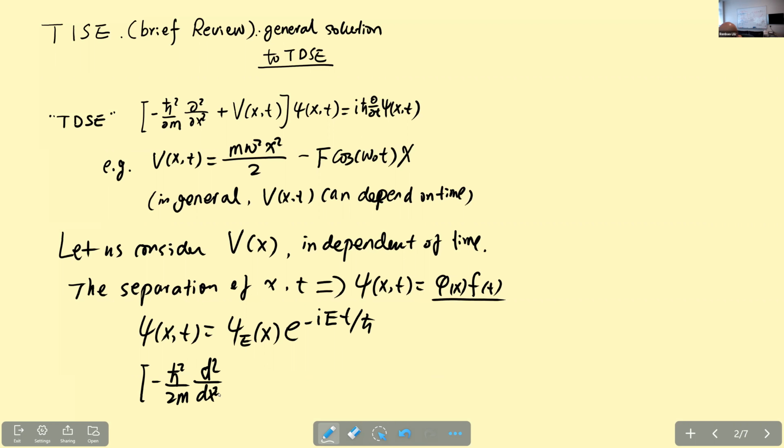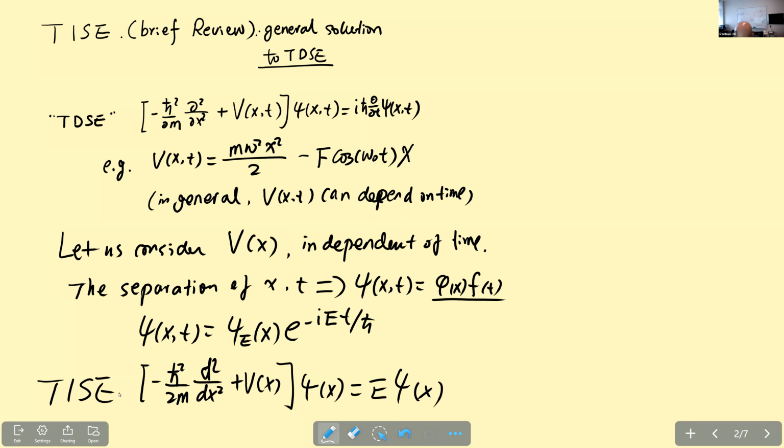Now you have only differentials with respect to the coordinates. So this is the time-independent Schrodinger equation.